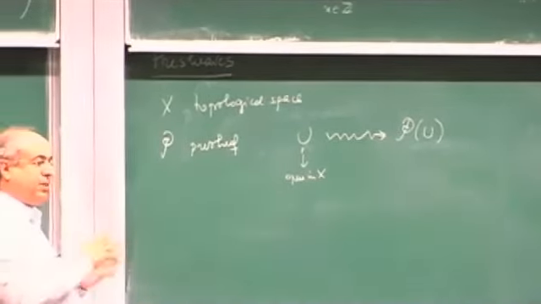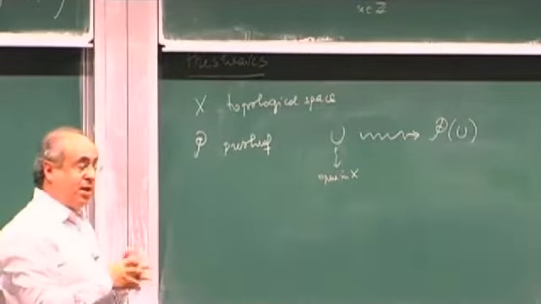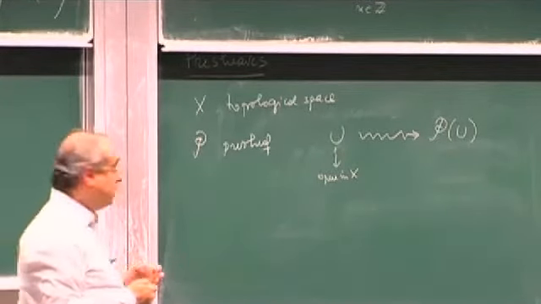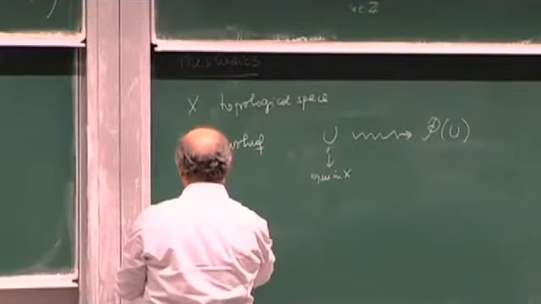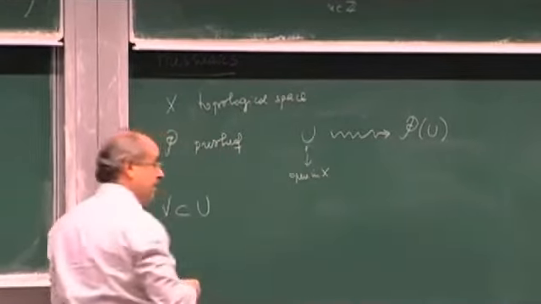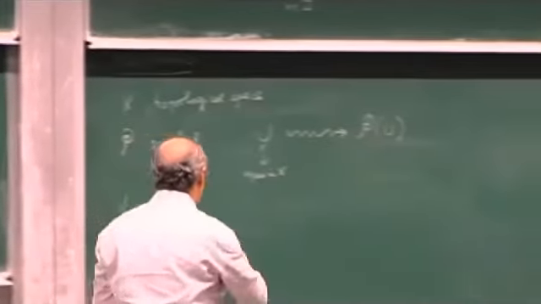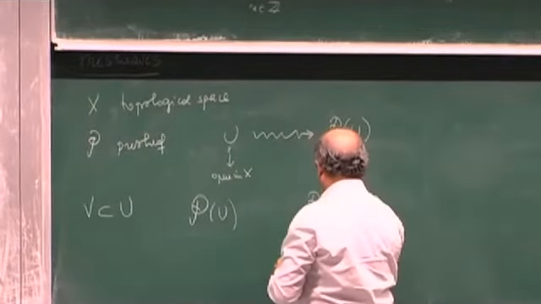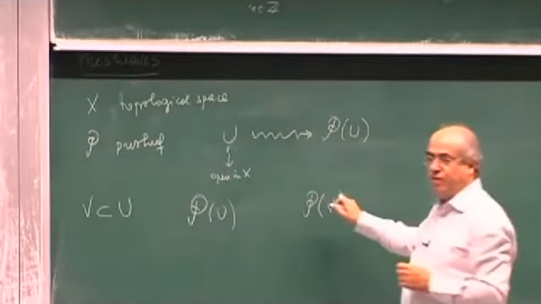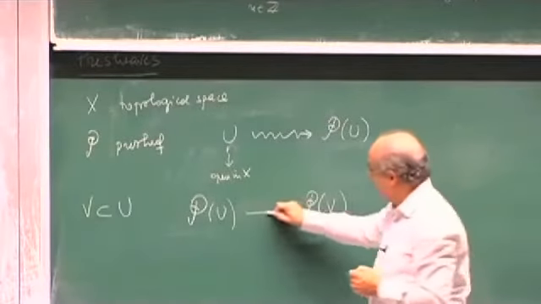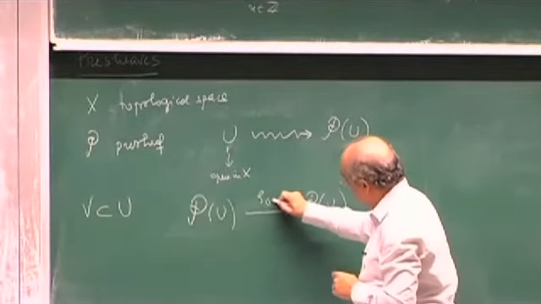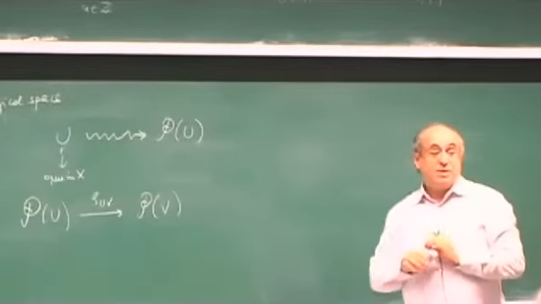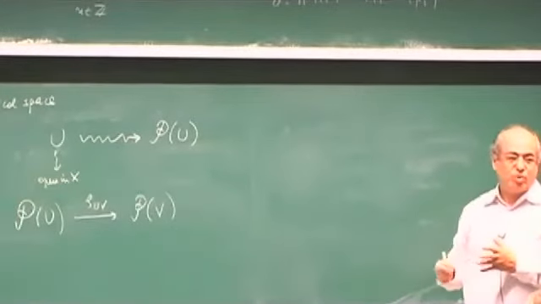In some sense, the assignments that we make on different open sets should be compatible, in particular with the inclusion of open sets. So whenever we have an open set which sits inside another, we have the group P of U and the group P of V, and we want that there is a morphism between the two that we call, for the moment, rho UV, which is called the restriction morphism.